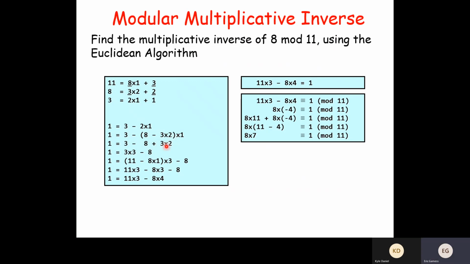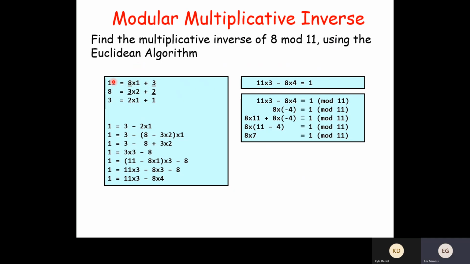Then I will group the 3 together and the 8 together. Here we have 3 times 1, and here we have 3 times 2. It's 3 times 3 minus 8. Then I can extract 3 in function of 11 and 8.